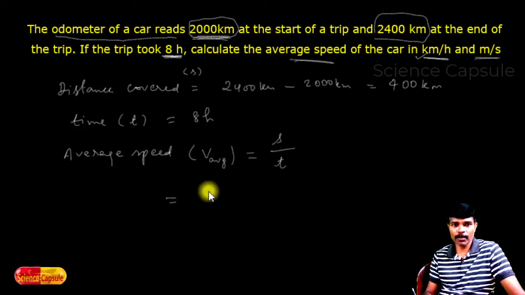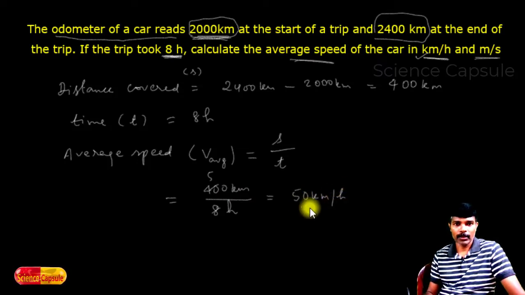Distance is 400 kilometer, divided by the time taken to cover 400 kilometer, which is 8 hours. Upon solving this, what will we get? 8 ones are 8, 5 8s are 40. So 50 kilometer per hour. Got it? So this is the average speed of the car in kilometer per hour.